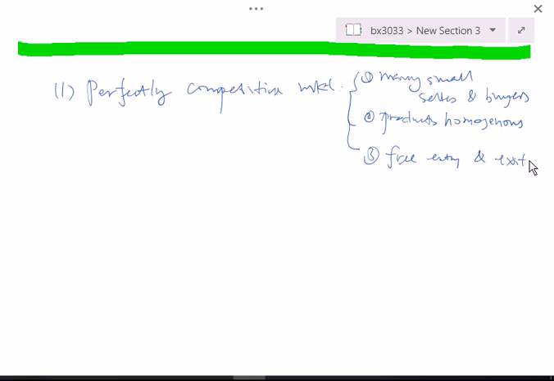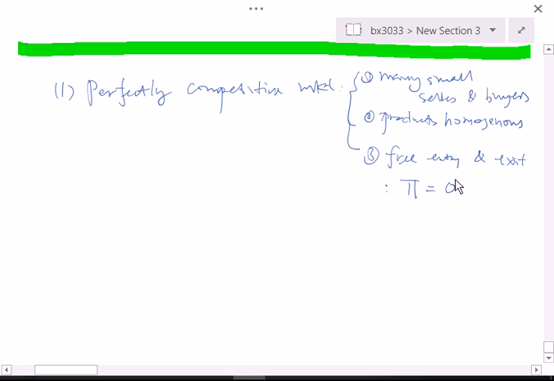The implication of this is that in the long run, firm profit must be 0, because if firms earn positive profit, there will be more firms entering the market, driving down the profit. Or if firms earn economic loss, negative economic profit, some firms will leave the industry and raise the profit.